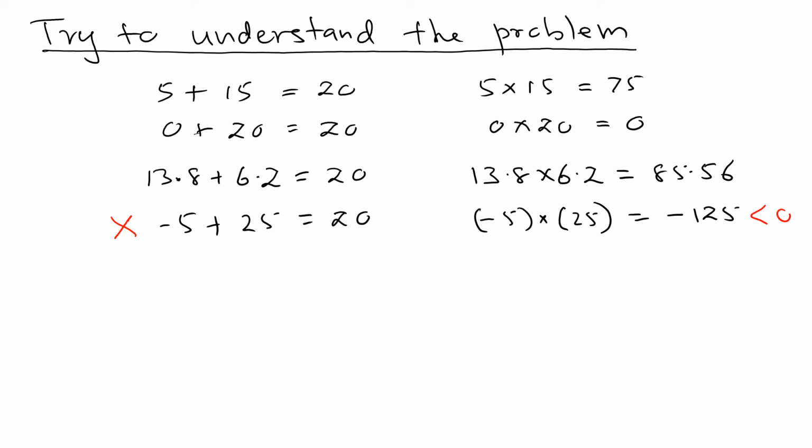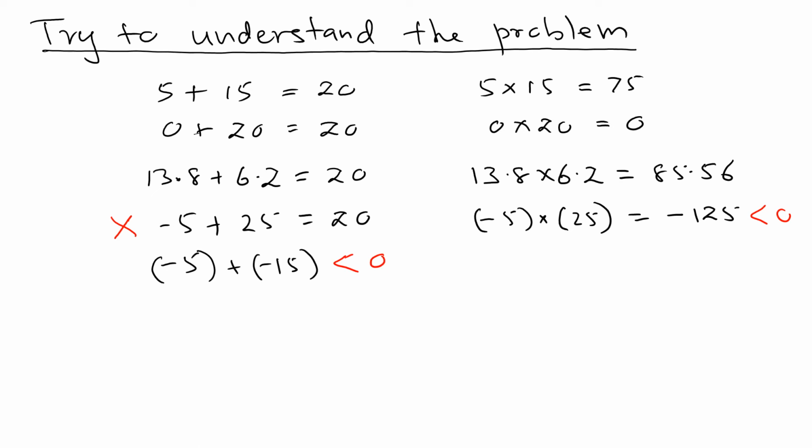What about picking two negative numbers? For example, you pick -5 and another negative number, say -15. There's no way that you can add up to a positive number if both numbers are negative.